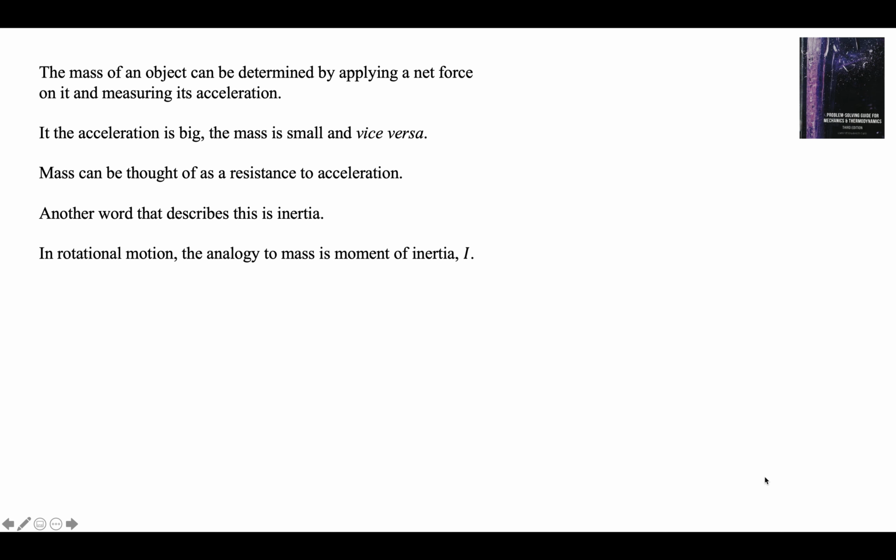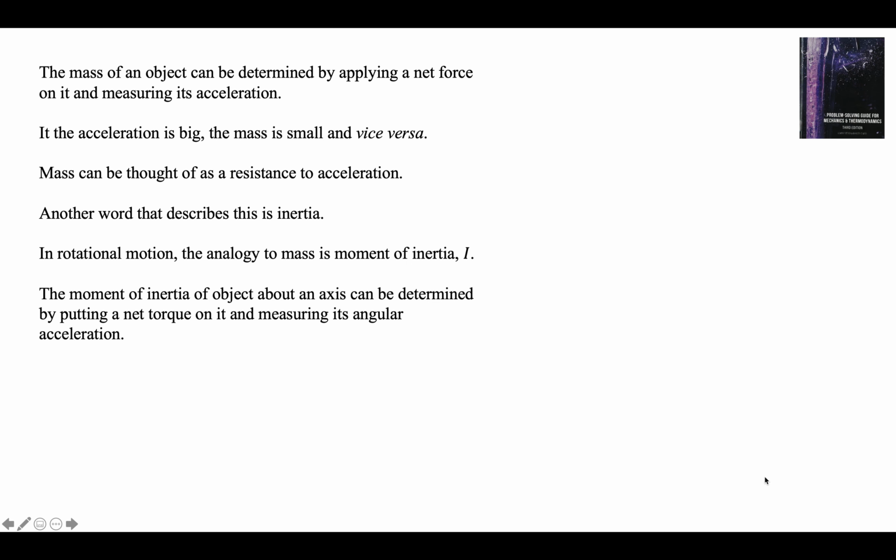In rotational motion, the analogy to mass is moment of inertia, I. So when we look at rotational motion, instead of putting in the mass, we're going to put in the moment of inertia. As we'll see, it matters where the mass is, not how much the mass is, when you want to spin something.